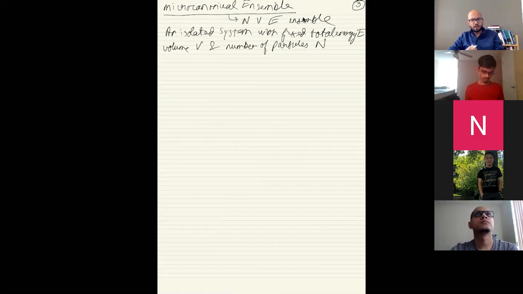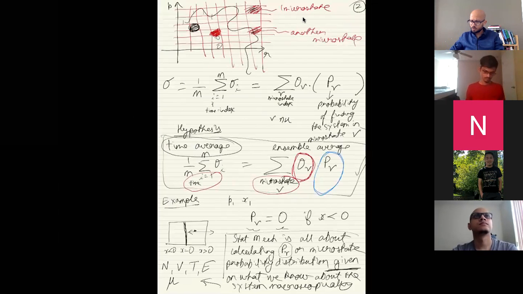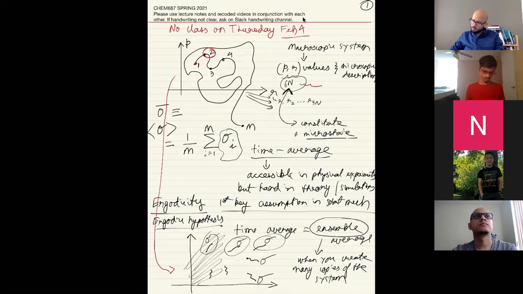What can we say about a system? This brings us to the second assumption in statistical mechanics. We just saw the first assumption, which was ergodicity. It is the first key assumption in statistical mechanics that the ergodic hypothesis holds true.